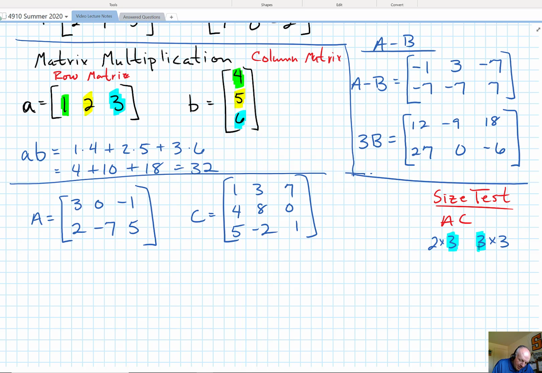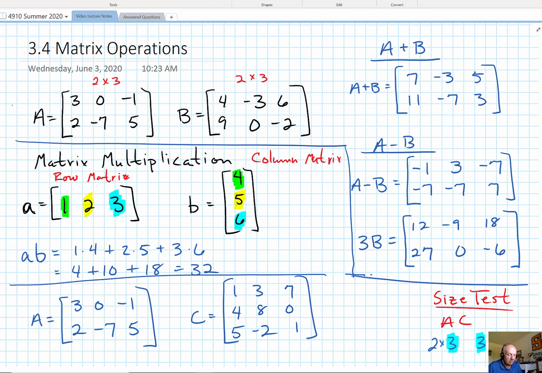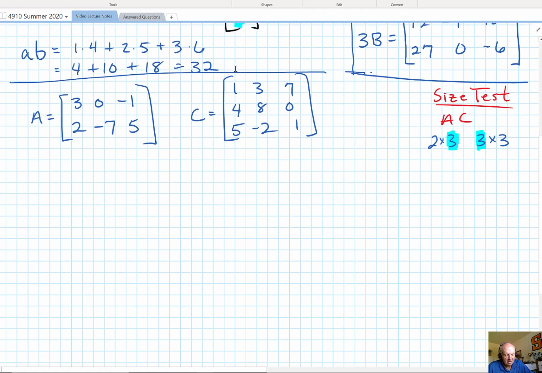Why couldn't I do A times B? Well, looking back up here, A times B would be a 3 and a 2, different sizes. So what we're saying by this little test is that the number of columns in the first matrix has to equal the number of rows in the second matrix in order for you to be able to multiply.